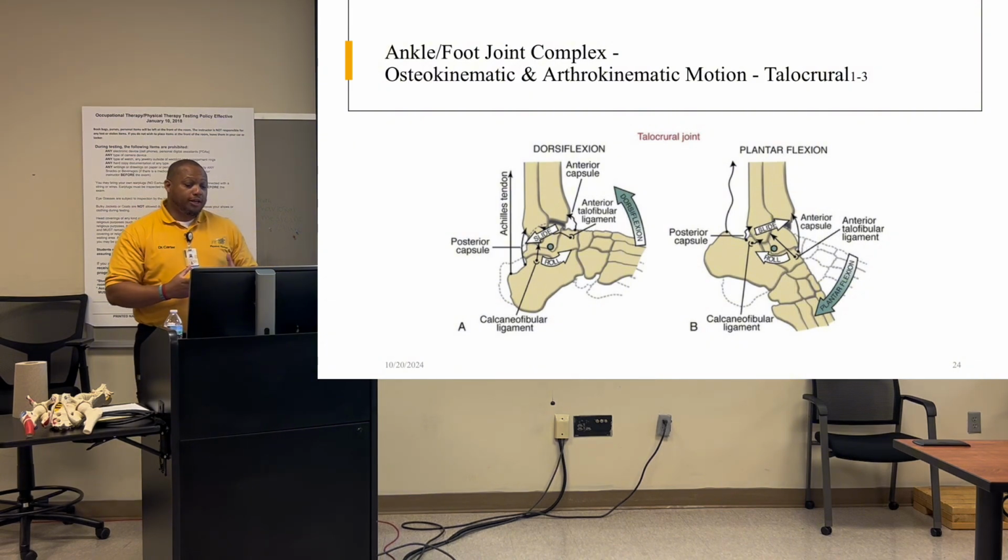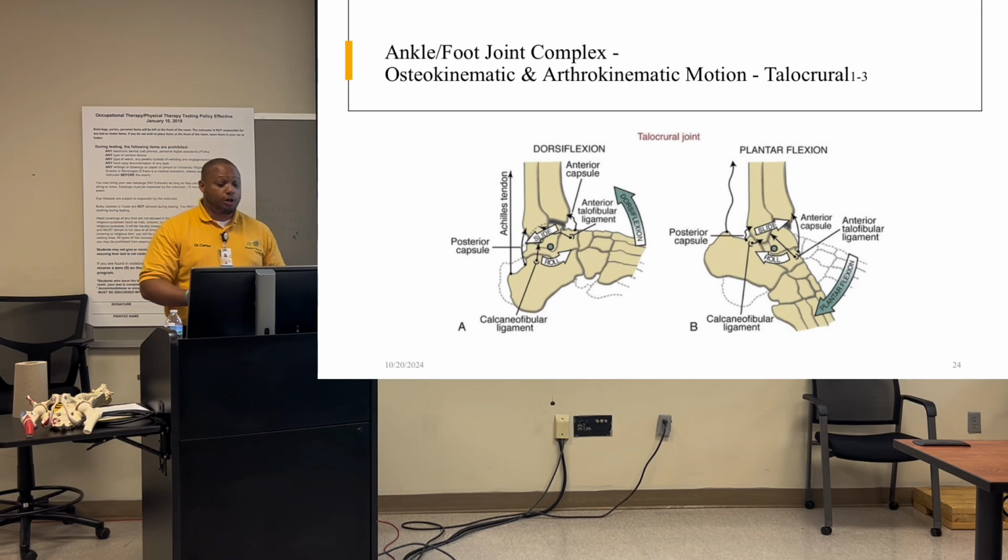So those are arthrokinematic motions that have to occur in order for us to achieve these motions. They have to occur. So the talus has to slide posteriorly with ankle dorsiflexion, and with ankle plantar flexion, it has to slide anteriorly. If it doesn't, then we don't get these motions to occur.